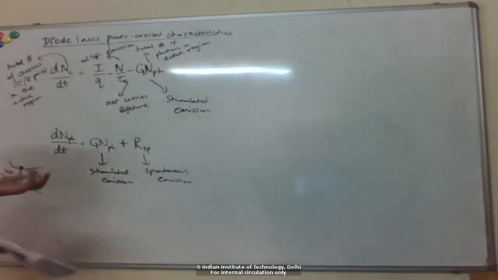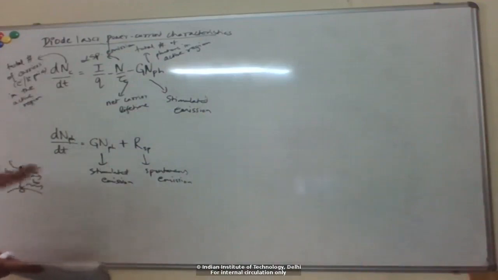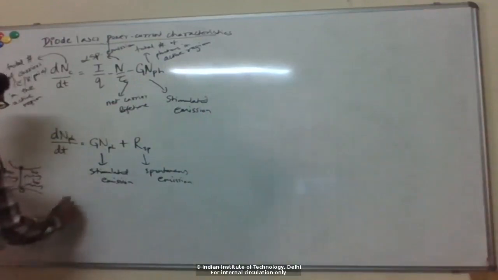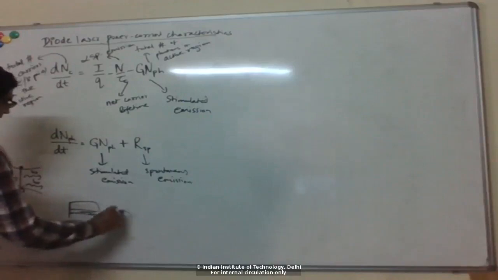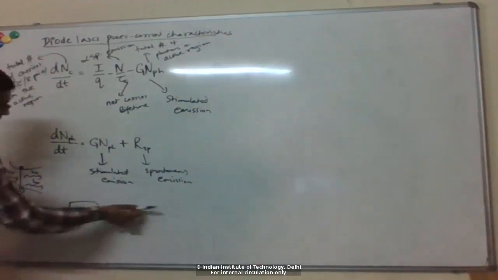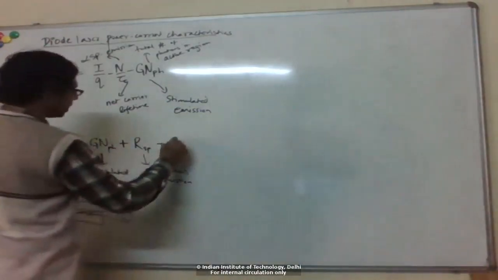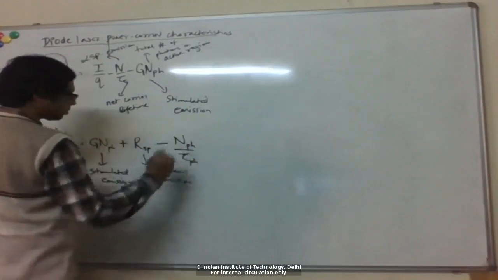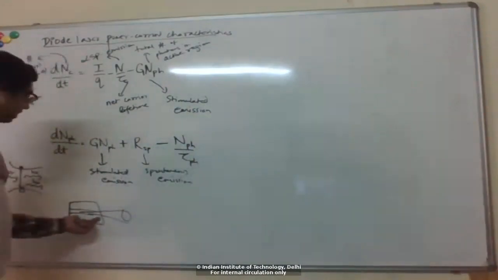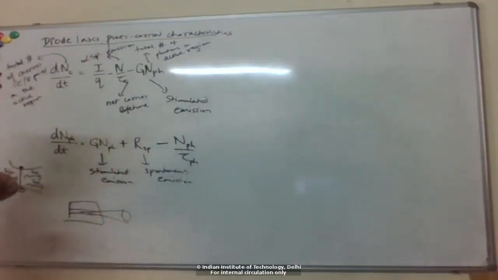And then, is there a way for the photon number to decrease? Yes, of course, because remember what is happening finally is that the light is coming out of the device. Photons are leaking out of my device. That can be modeled as my cavity having some photon lifetime, tau sub ph.